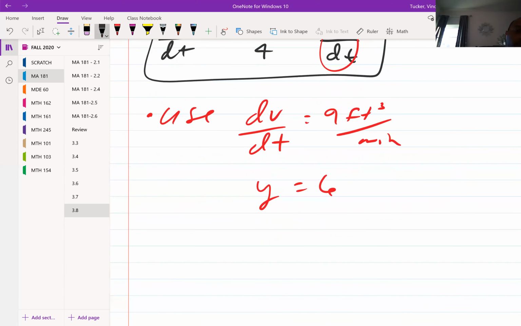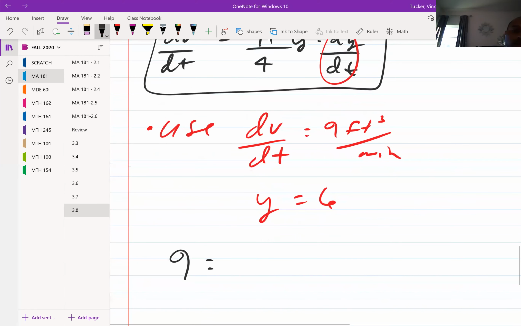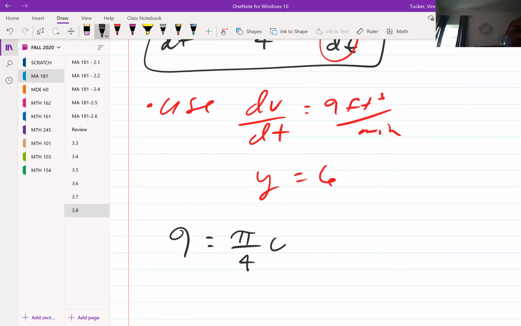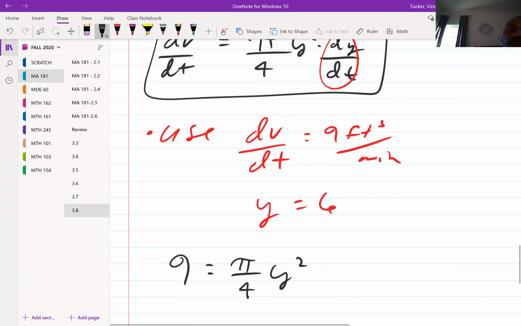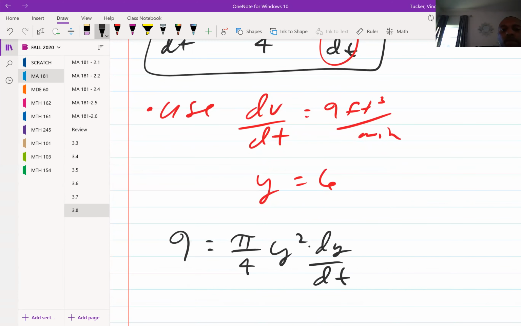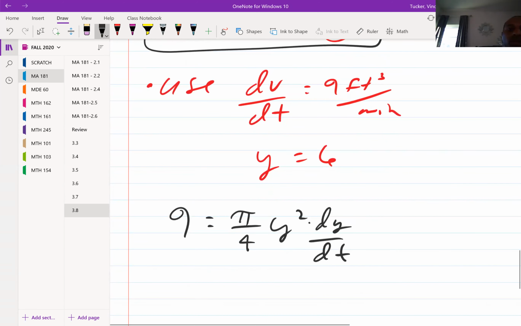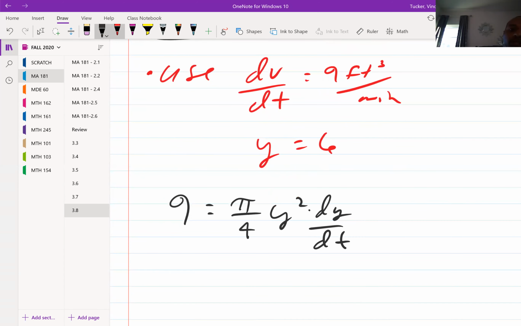So that'll be 9 equal to pi over 4 y squared dy/dt, and also plug in 6 for y.